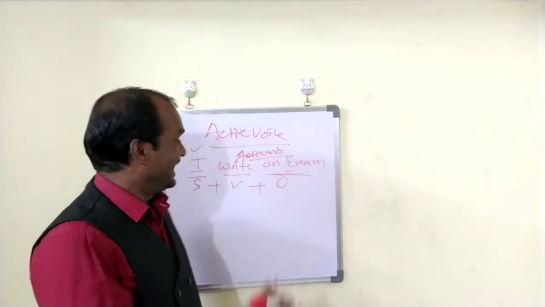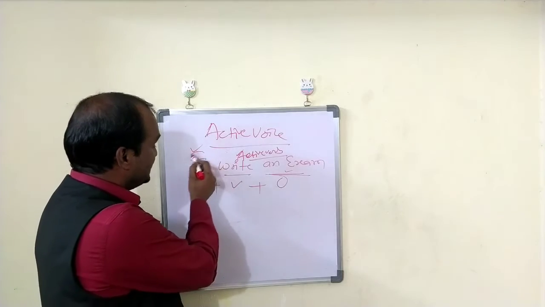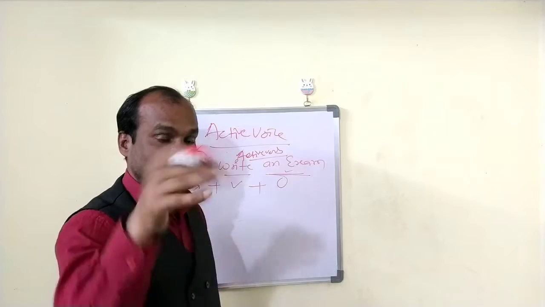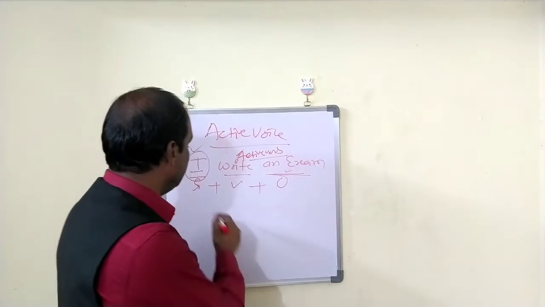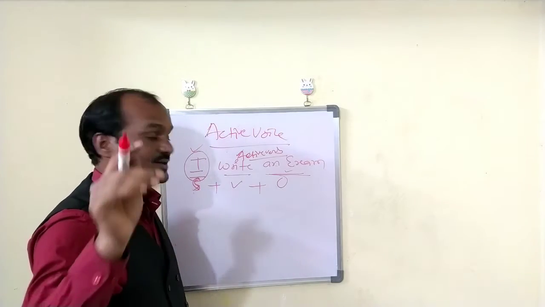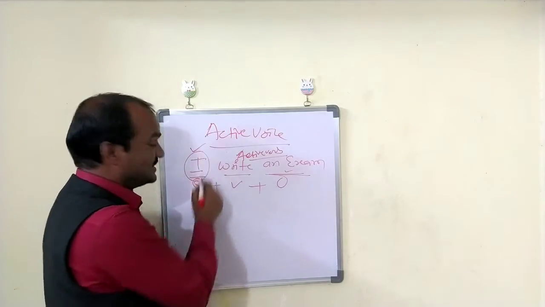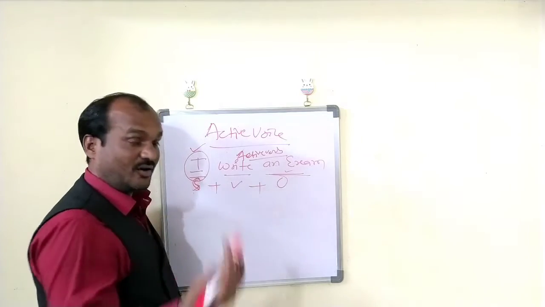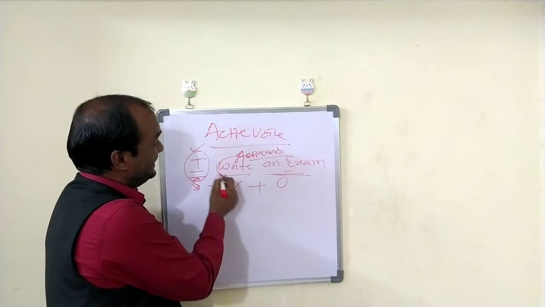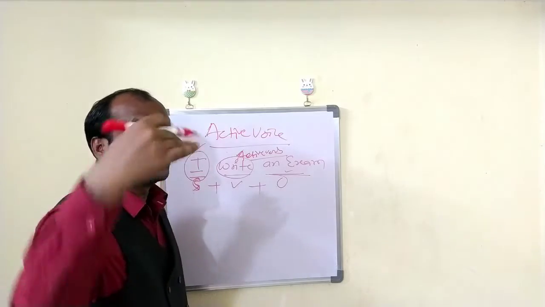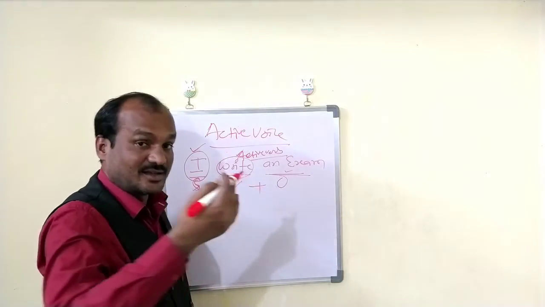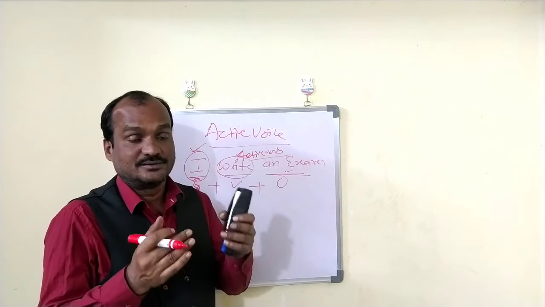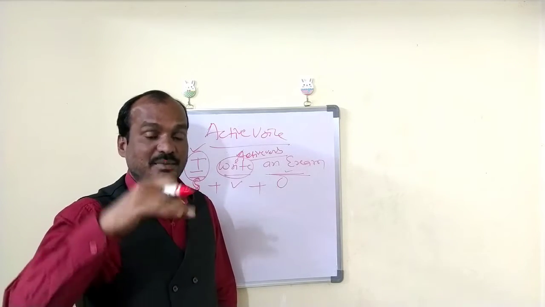And in a sentence where subject is given more preference than object, that kind of sentence is said to be in the active voice. Here subject is the doer of the action and is given more preference than object. So we can define the term active voice in many ways, right?